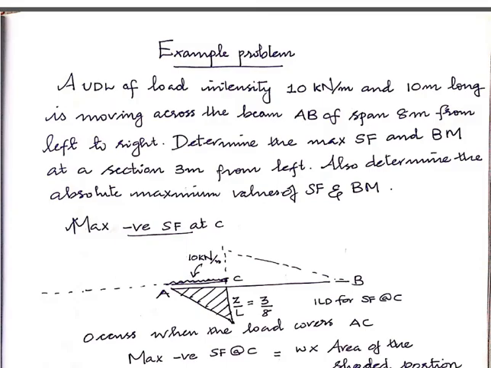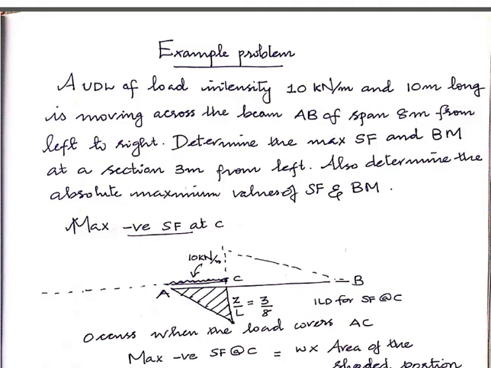So now let's see the example problem for UDL longer than the span of the beam. Again, this is also a simple problem like the last case. A UDL of load intensity 10 kilonewton per meter and 10 meter long is moving across the beam AB of span 8 meter.